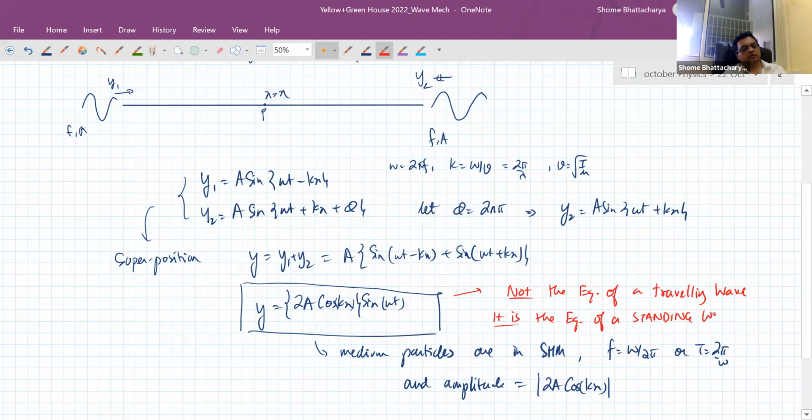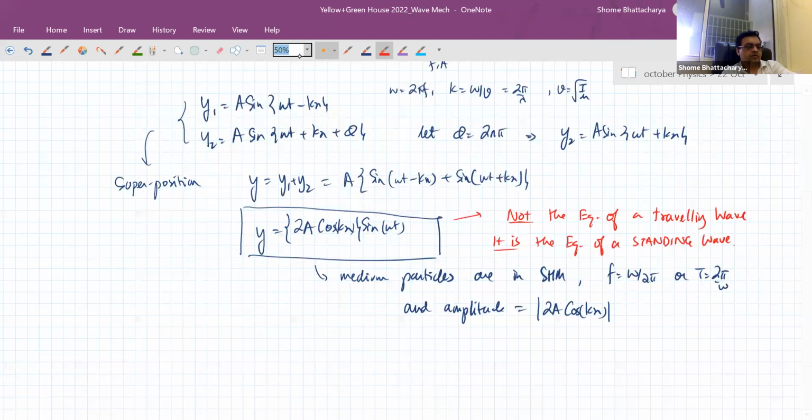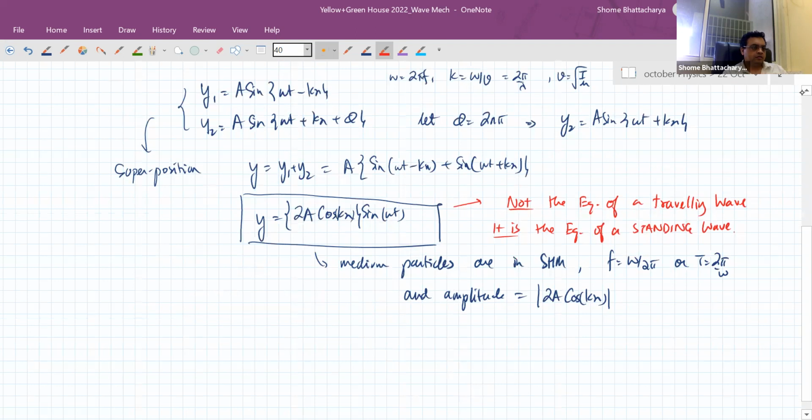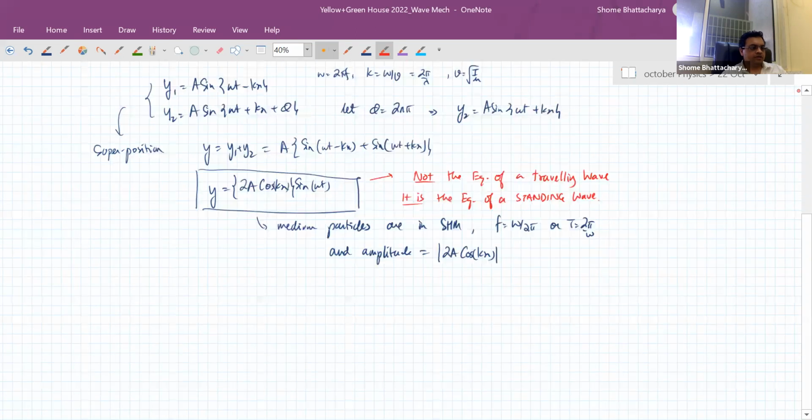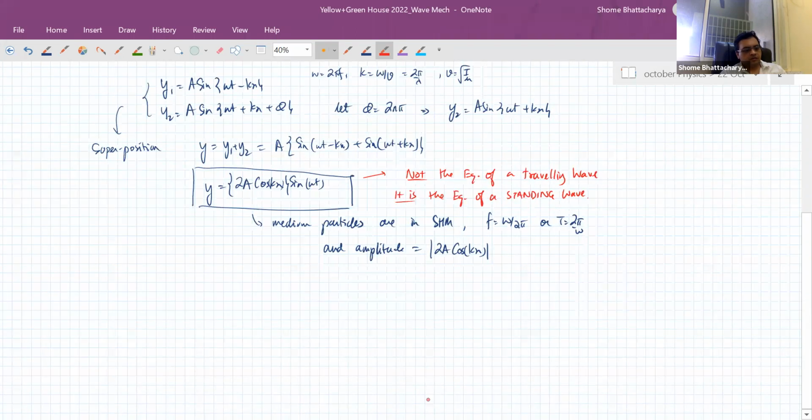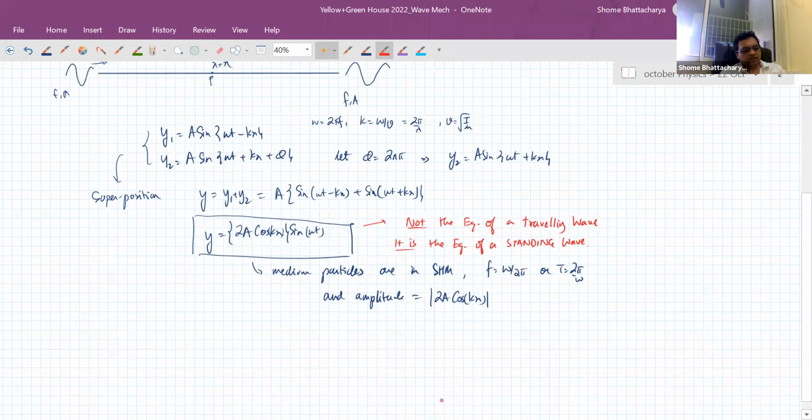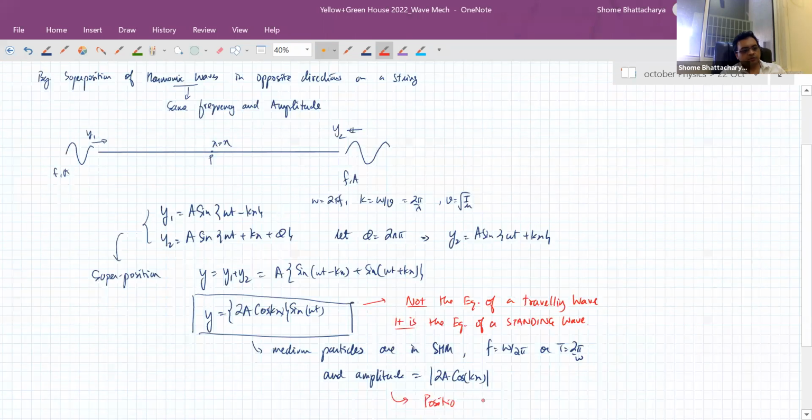because as we saw in the snapshot picture, the shape of the wave is not traveling along the string, it is remaining fixed. So it is called a standing or a stationary wave. What we understand further is that it is a position dependent amplitude.